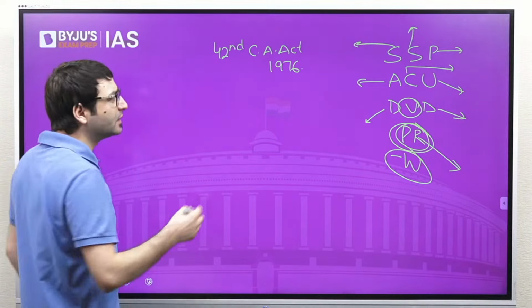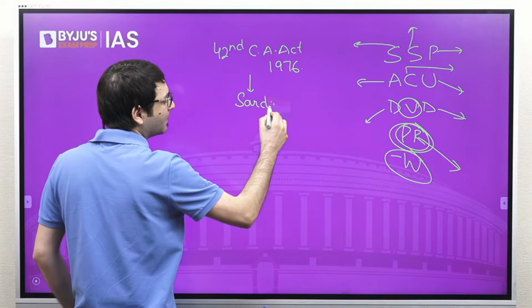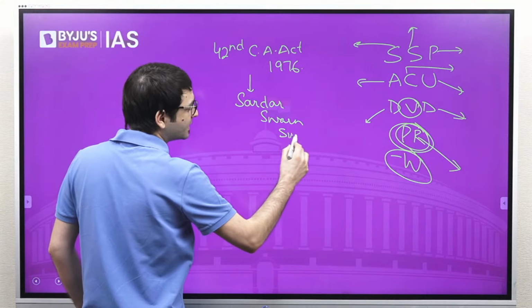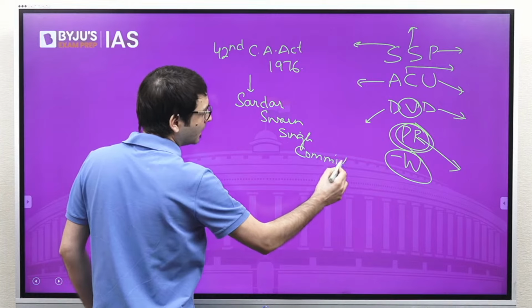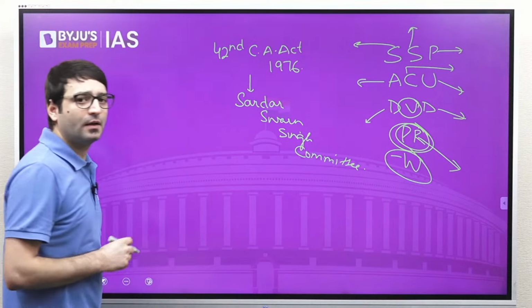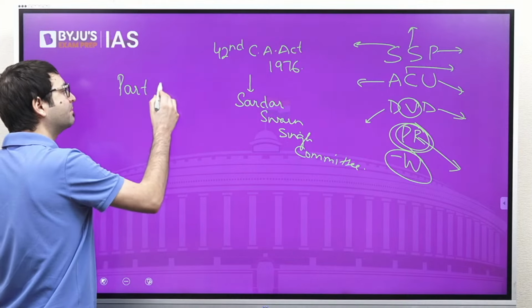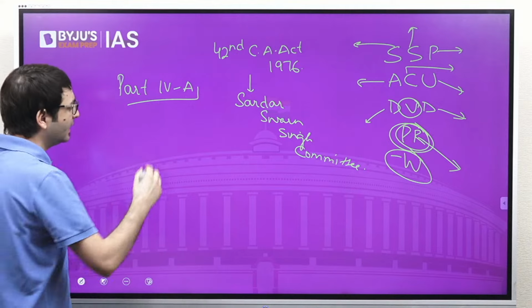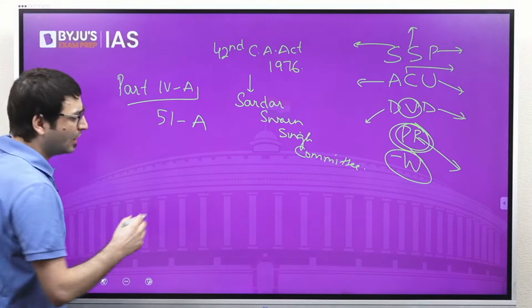And these fundamental duties were added based on the Sardar Swaran Singh Committee. These fundamental duties are under Part 4 capital A of the Constitution. It deals with Article 51 capital A.